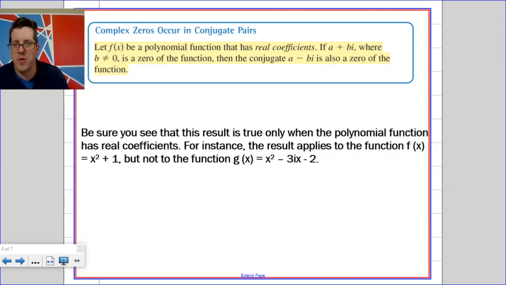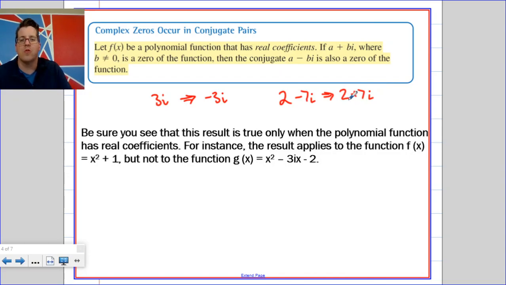One interesting thing to plug in on top of this is that complex zeros occur in conjugate pairs. So if I tell you that 3i is a solution, then that implies that -3i is a solution. If I tell you that 2 minus 7i is a solution, that implies that 2 plus 7i is a solution.